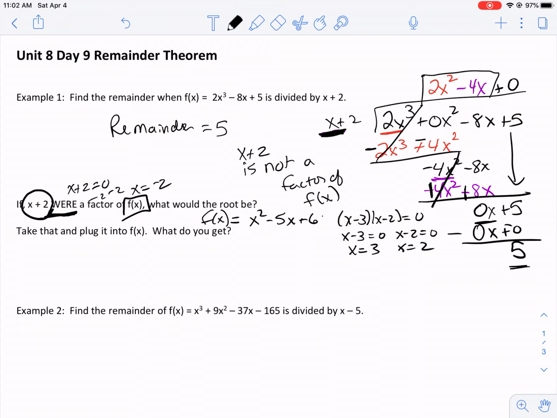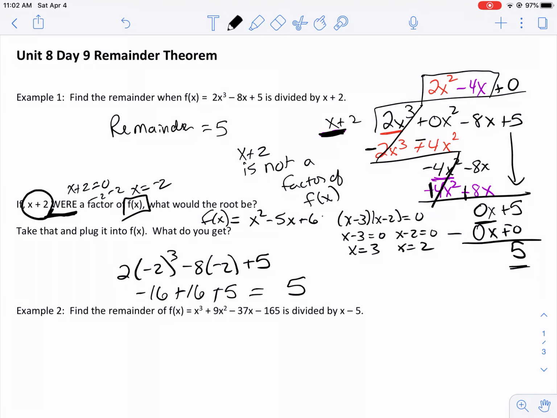Now, if you take that negative 2 and plug it into f of x, what do you get? Well, let's see, this is going to give us negative 16 plus 5, and I get a 5.